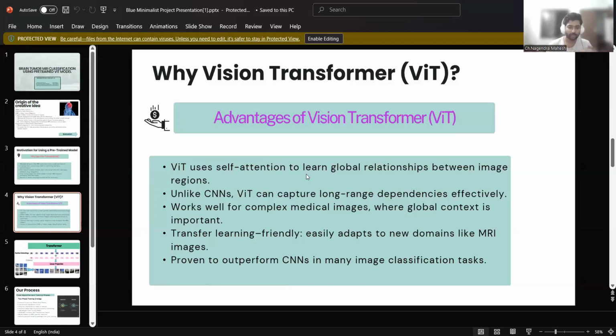Compared to CNN, a vision transformer can easily adapt to new domains like MRI or any other use we can think of. In the real world, CNNs are actually outperformed by transformer networks.